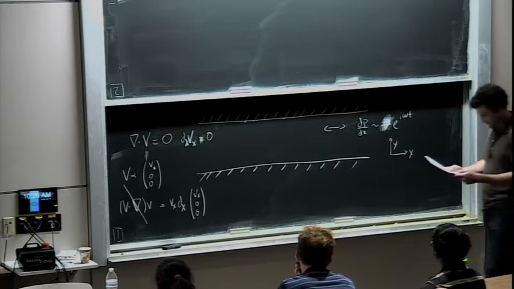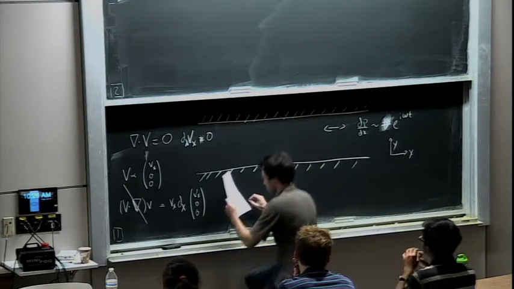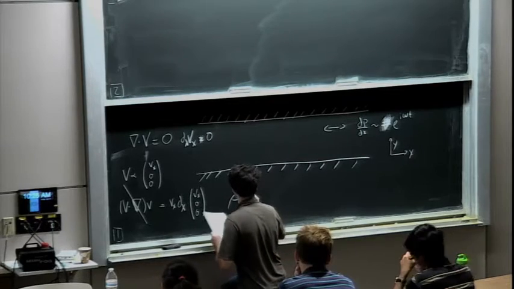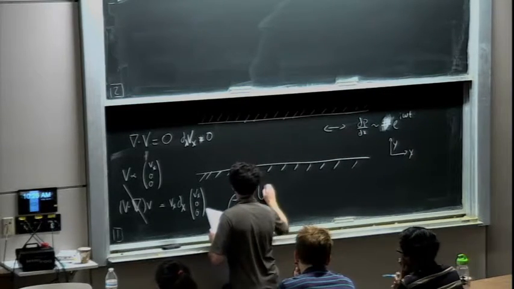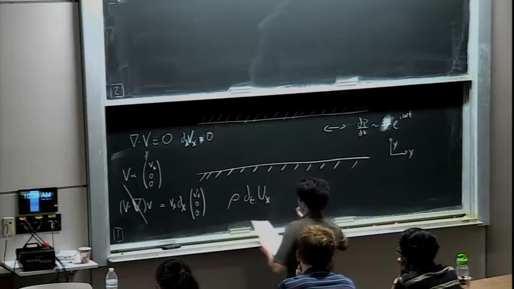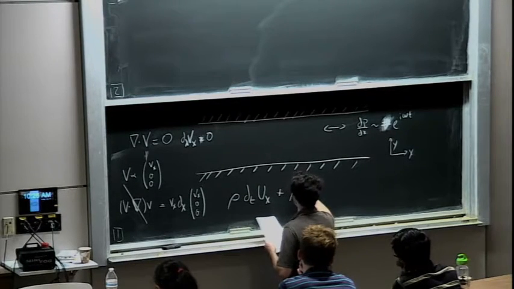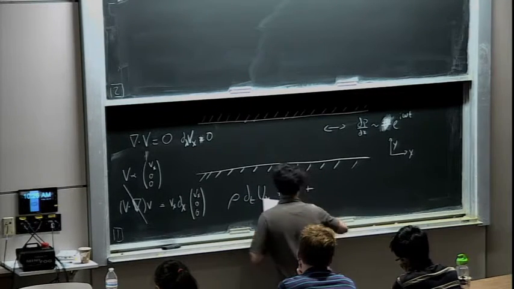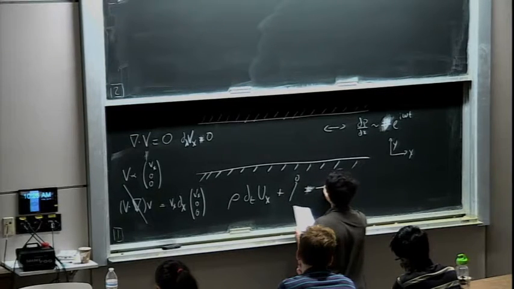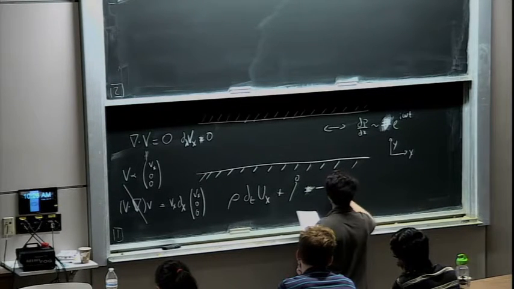So our equation now becomes rho d by dt of ux, plus a term which went to 0, which is our nonlinear one, is equal to minus our gradient in pressure.